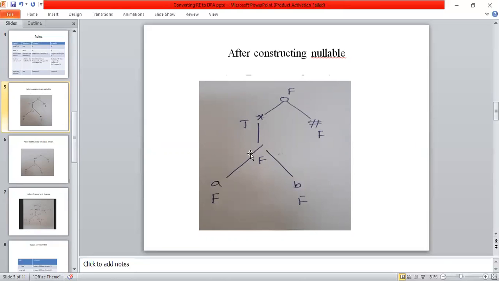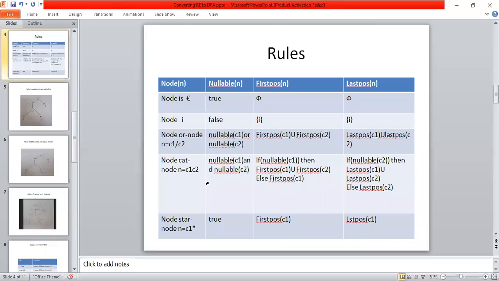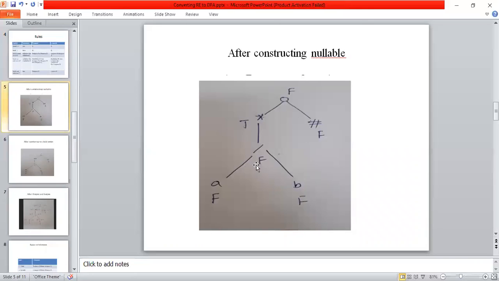Then here I have an R node. So whenever you have an R node, what is the formula we have for R node? If it is an R node, nullable of C1 or nullable of C2. Same thing here I am doing. So this is an R node, so nullable of C1 or nullable of C2.